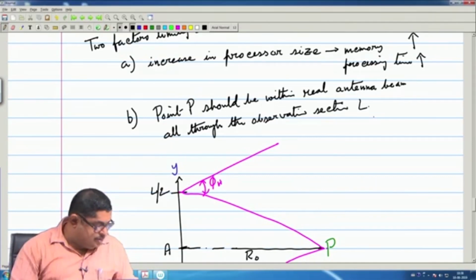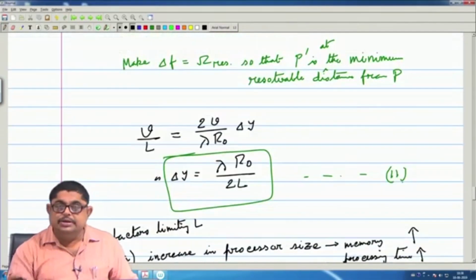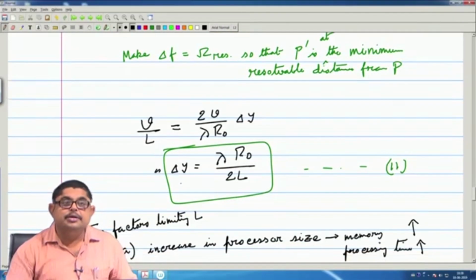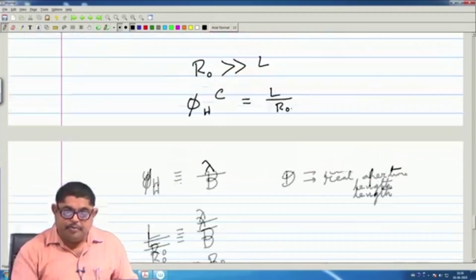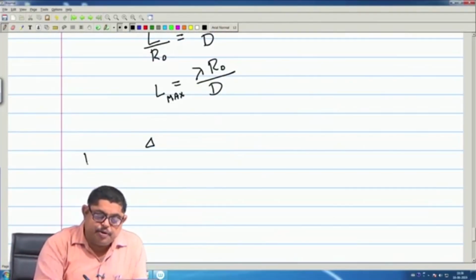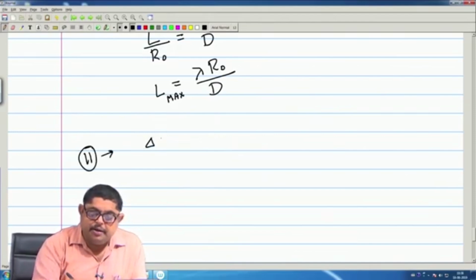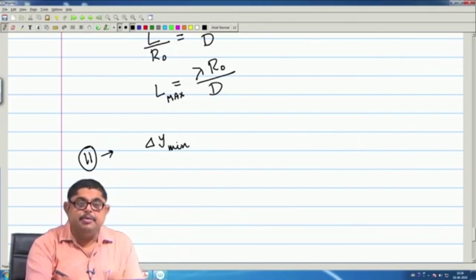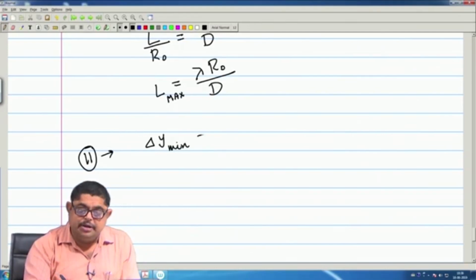So, if I put that into equation 11, I get the minimum possible resolution value. From equation 11 I get delta y min, because this is maximum and this is inversely related.